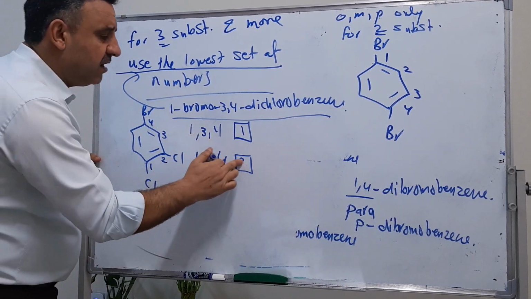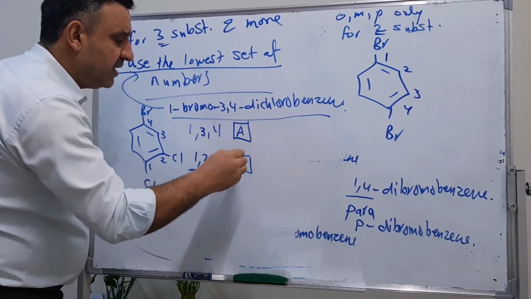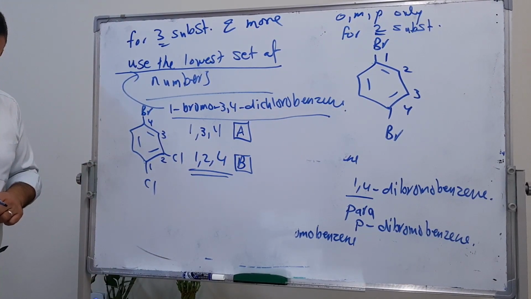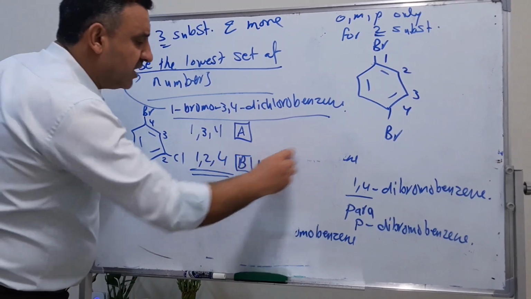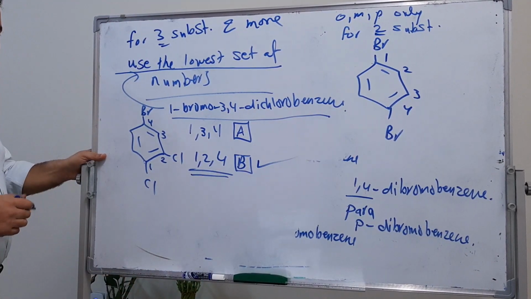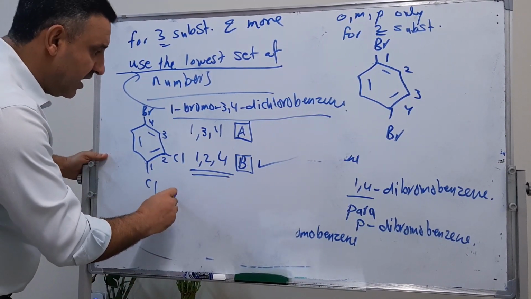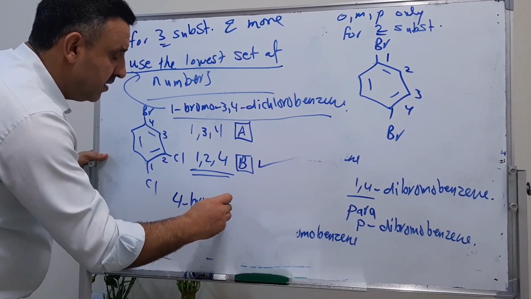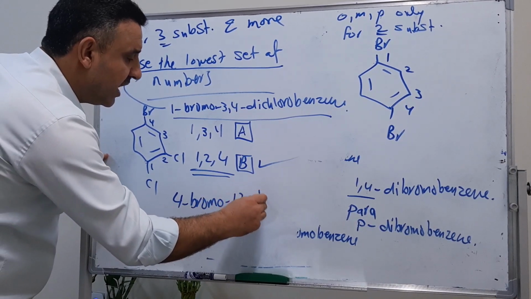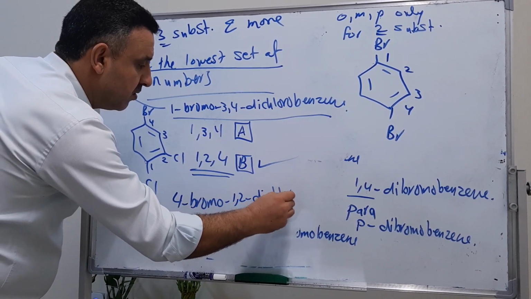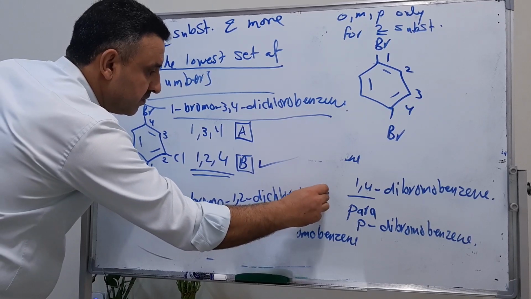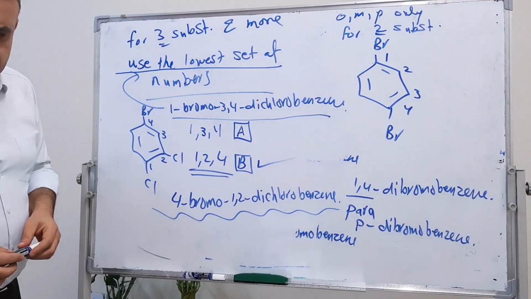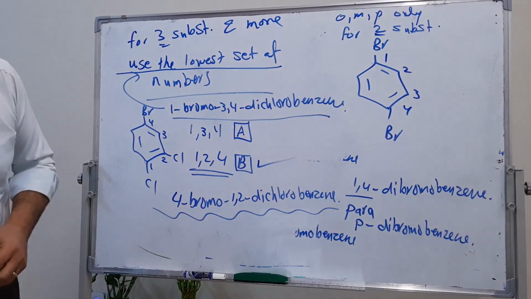Or let's say A set or B set. Which set is the lowest set of numbers? B. Sure. So B is the lowest, therefore B is correct, and this is not true. So we say 4 bromo, and then 1, 2 dichloro benzene. Get the point, guys? Is that clear? Come again, please.